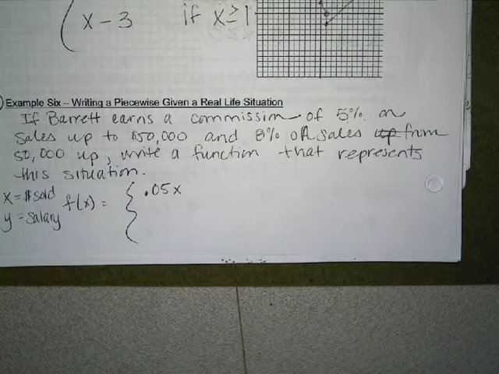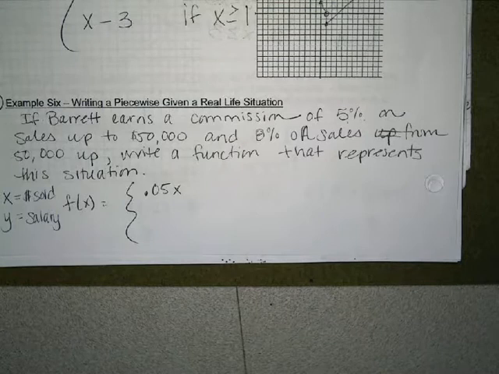Now, we would have an initial amount here if he had a base salary. A lot of waitresses, or if you ever were a waitress or waiter in a restaurant, you're given a base salary of like $2.50. So every hour you're making $2.50, and then over and beyond that is commission. And what's that commission called?